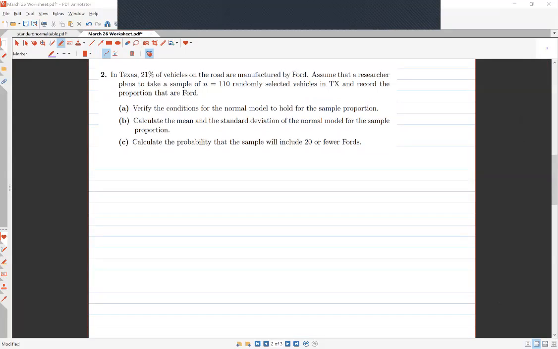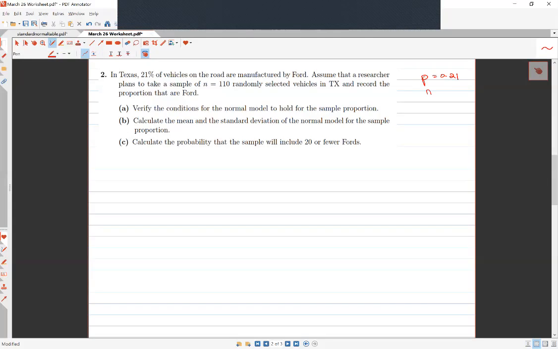Let's assume that a researcher plans to take a sample of 110 randomly selected vehicles in Texas and record the proportion that are Ford. So the 0.21 or 21%, that's my population proportion because that applies to all vehicles in Texas.